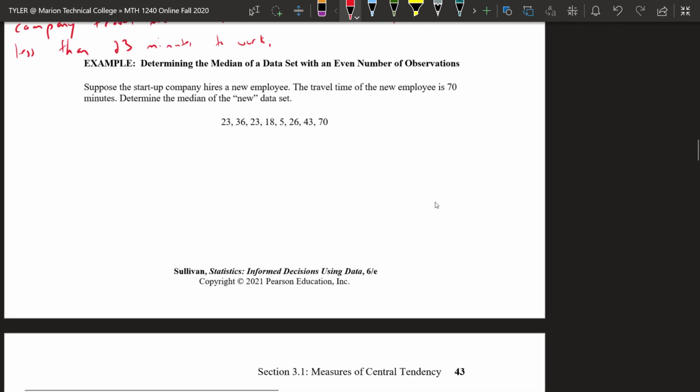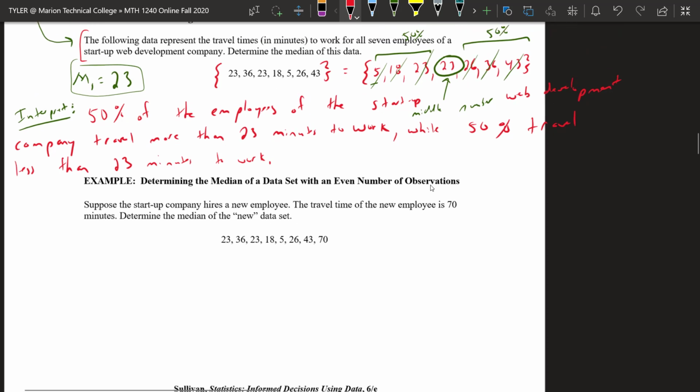In this next example, we're essentially doing the same thing, but we're adding in a new employee that we just hired that travels 70 minutes. If we put the data set in order from smallest to biggest, it's in the same order, just with the number 70 at the end. So I would have 5, 18, 23, 23, 26, 36, 43, then lastly 70.